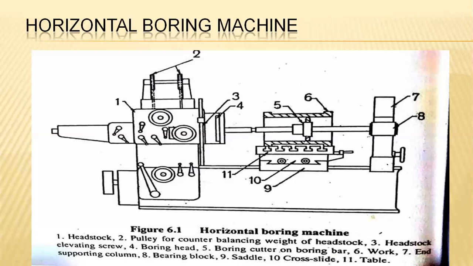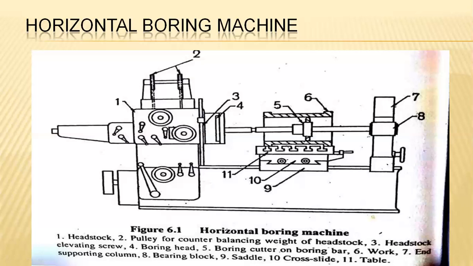Boring cutter on the boring bar, work and supporting column, bearing block, saddle, cross slide, and the table for holding the work parts fixedly over it with respect to jigs and fixtures.